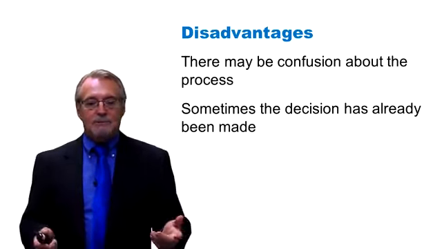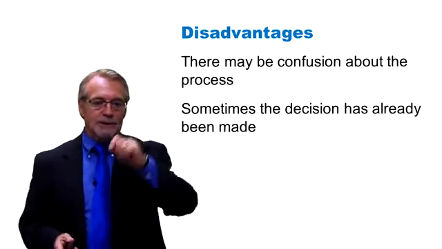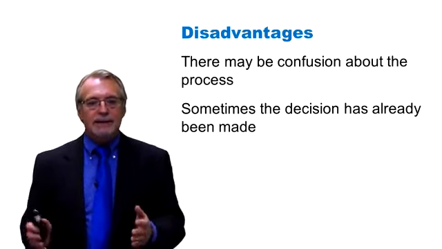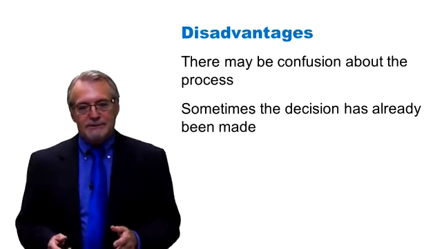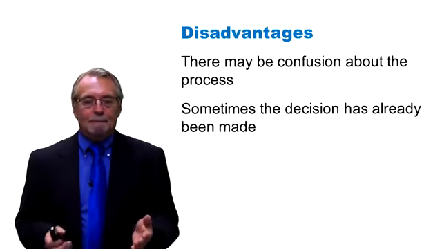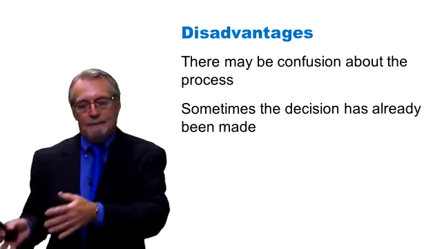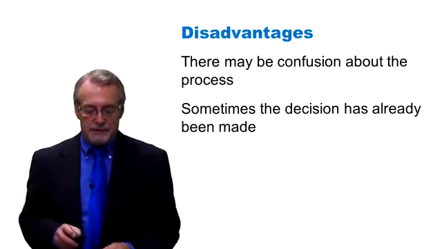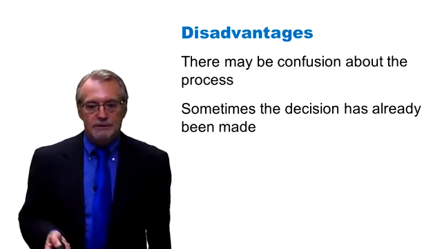And the authority figure just went over and picked one out of that list. Oh, I want that one because they speak Italian. Completely disregarded anything that this other group had done. So sometimes the decision's already been made. It doesn't make any difference what the group does, but sometimes people want to make it look like the group has some input. So that's a disadvantage, that sometimes it's not being used properly by the authority figures.